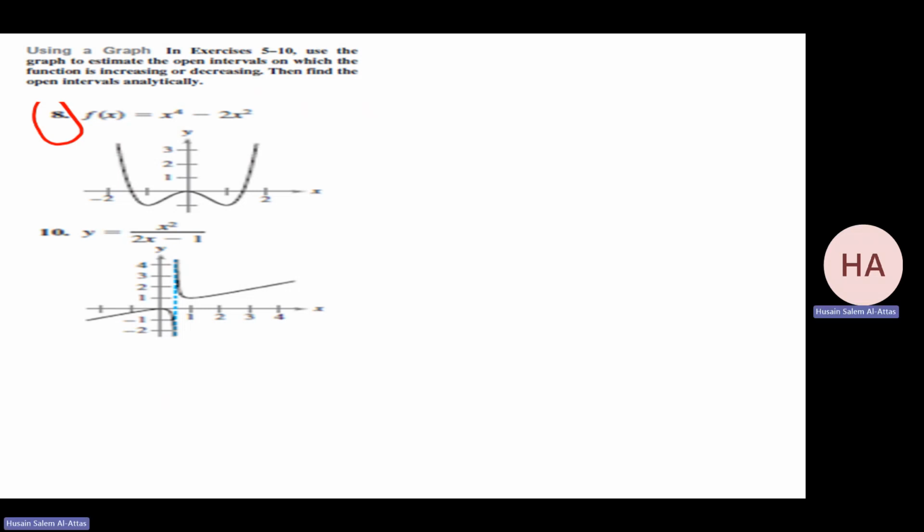From the graph, very clear, it's decreasing from here up to there. So from the graph, decreasing from minus infinity to minus 1. And then from 0 up to 1, this is decreasing also.